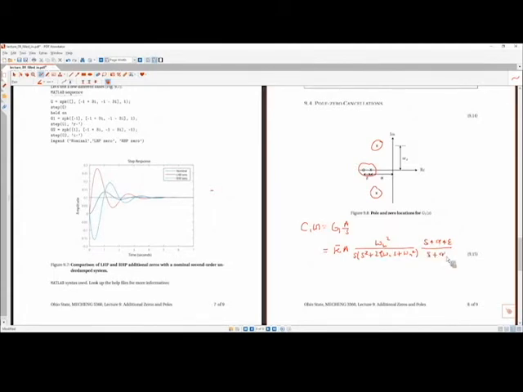Now we could have put the epsilon in the denominator, it doesn't actually matter, it doesn't change this discussion at all. It just says that we have a pole and zero, both approximately at the location negative alpha, but one is epsilon different, and this epsilon is going to be a small number. We usually use the term epsilon for small numbers.